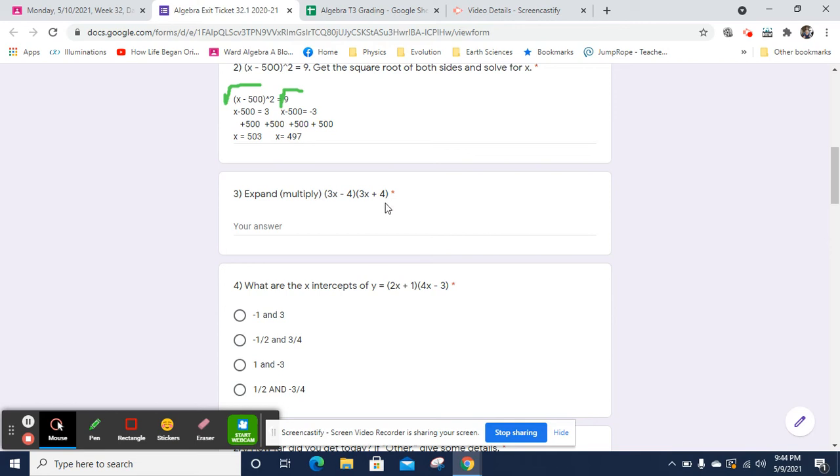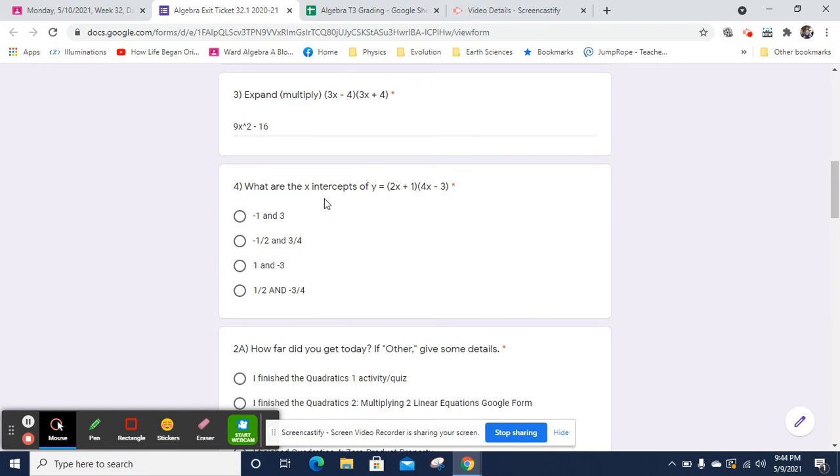So 3x times 4 will give you a 12x. The negative 4 times 3x will give you a negative 12x. So there's no middle term. 12x and negative 12x make a 0. But you will have 3x times 3x, which will be 9x squared. And you will have negative 4 times 4, which will be negative of 4 squared, which is 16. And you're done with that one.